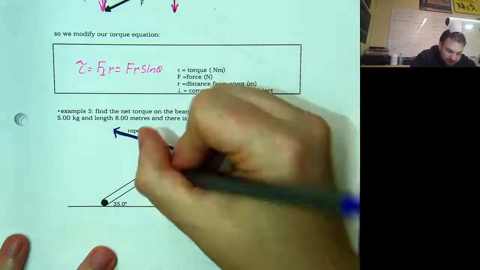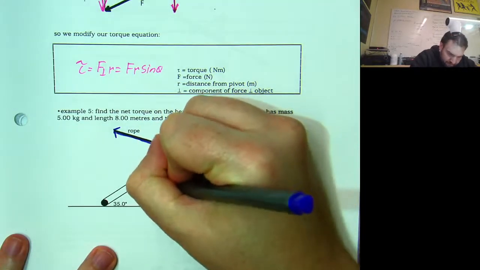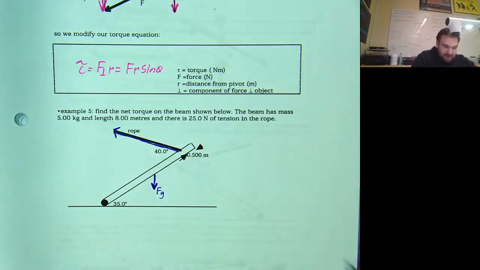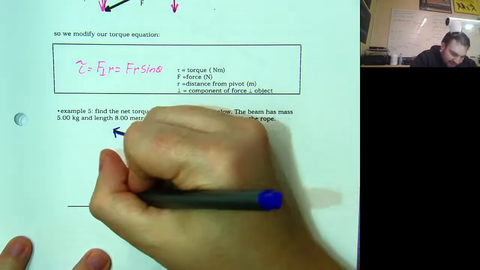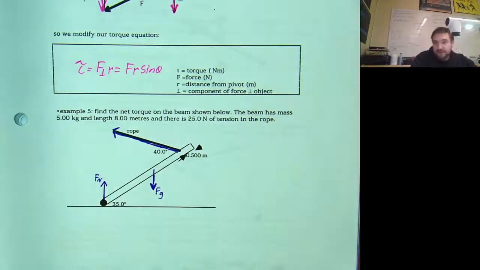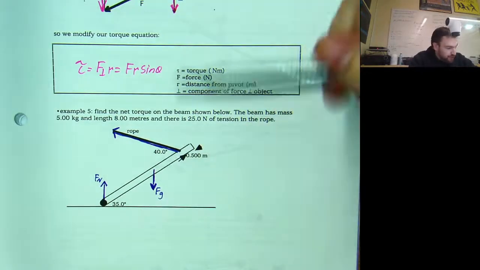We also have Fg acting straight down from the center of mass. I've got an Fn, because this is where it's resting on the surface. But Fn is where the pivot is, so it's not going to create a torque.